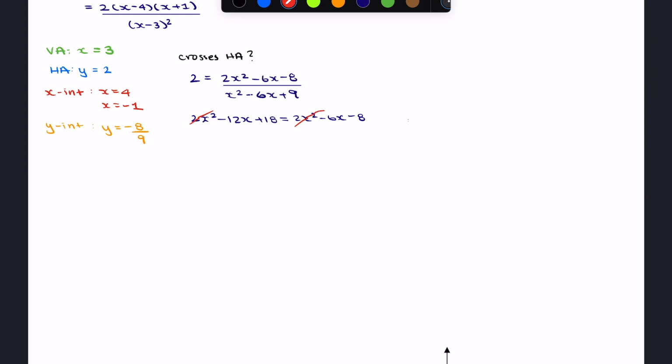We simplify and we'll get 26 is equal to 6x. And so 13 over 3 will be equal to x. And here, again, that means it crosses the horizontal asymptote at 13 over 3 and 2, or in decimal approximately 4.3 and 2.